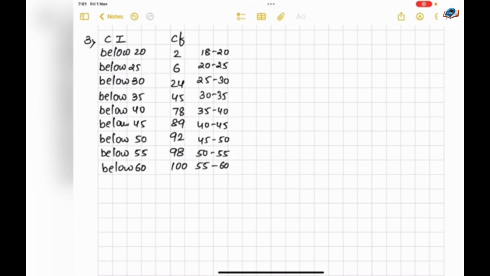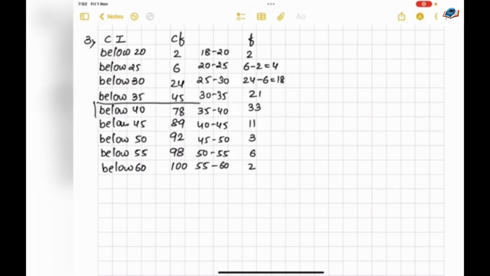Now, if you see carefully, it was given that 100 policies are given. So here CF is given to us, so I will need to find F. So first it will be same, then 6 minus 2, so 4, then 24 minus 6, so 18, same way 21, 33, 11, 3, 6, and 2.